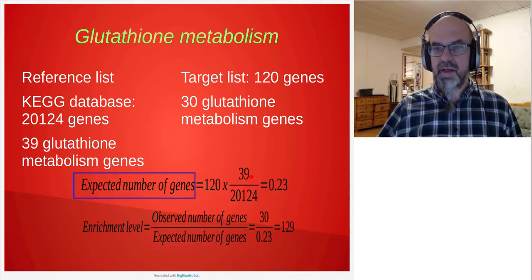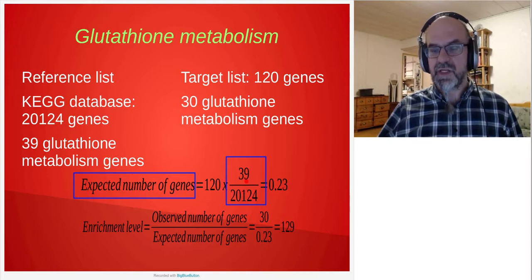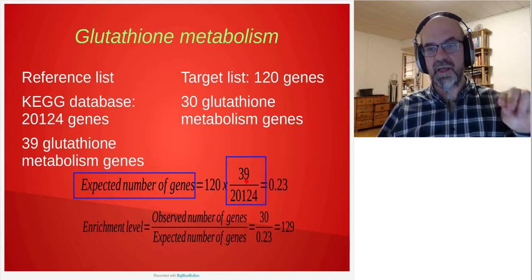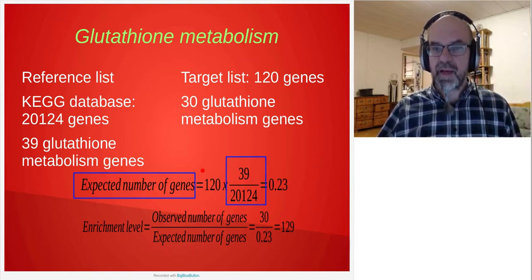Just calculate the fraction of the entire human genome, 20,000 genes, which are annotated with glutathione metabolism. This fraction is the probability that a randomly pinpointed gene is actually a glutathione metabolism gene. You just multiply that with the size of your target gene list.